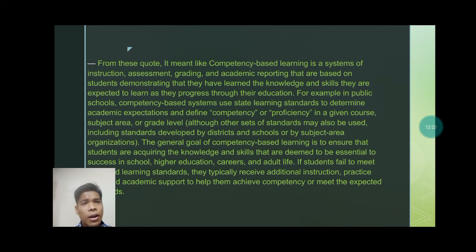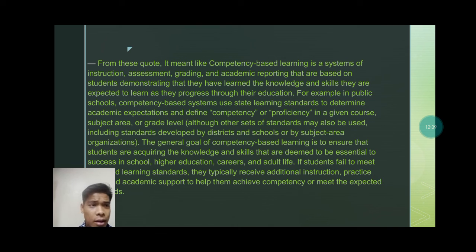The general goal of competency-based learning is to ensure that the students are acquiring the knowledge and skills that are deemed to be essential to success in school, higher education, early careers, and adult life.